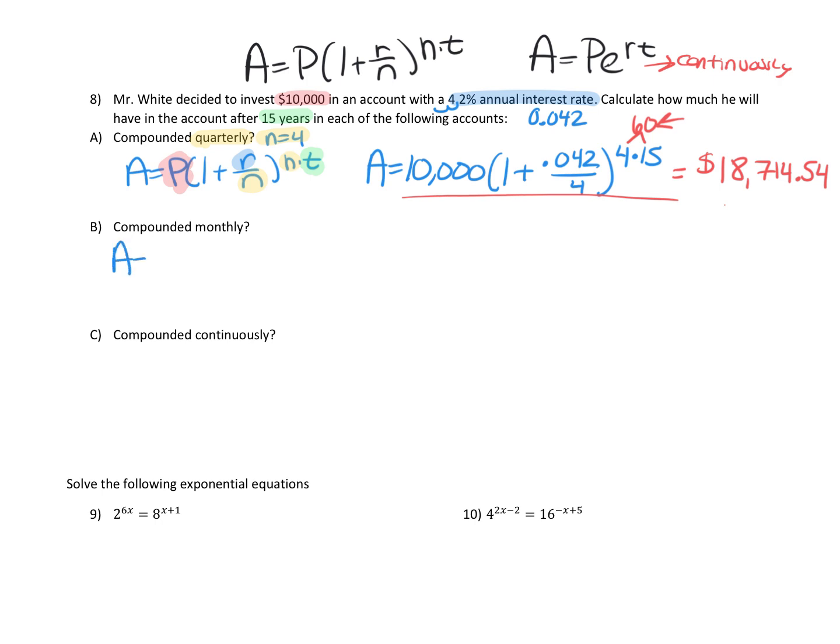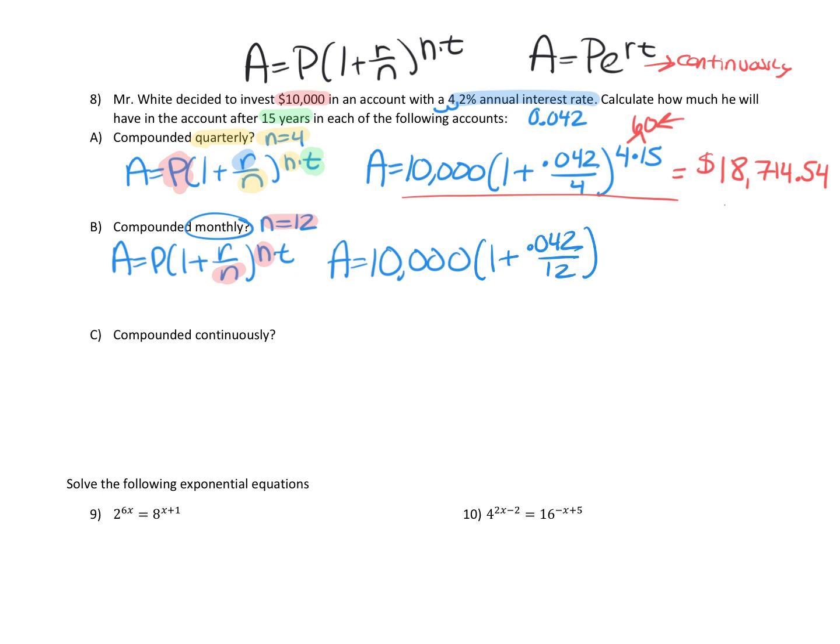Now we're compounded monthly, so we're going to do this very, very similarly. The only difference now is that monthly means my n is 12, but everything else is going to stay the same. So 10,000. The only thing that's going to change is my n here is going to become 12 when it was 4 in the last problem.